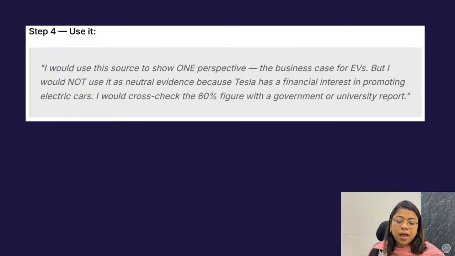And that is how you show a great evaluation. I hope this class was resourceful and you were able to understand what we were learning for evaluating and analyzing sources.